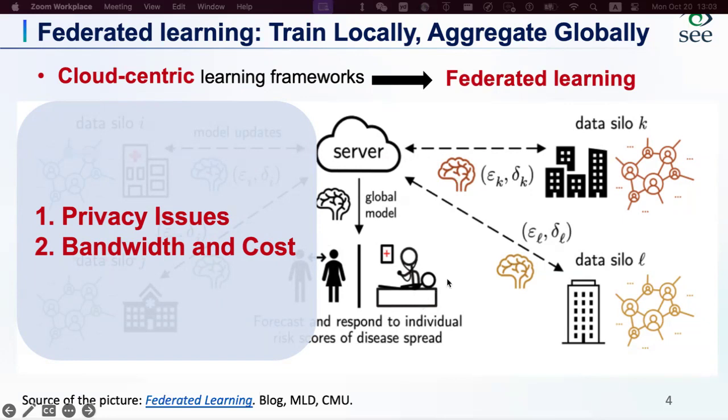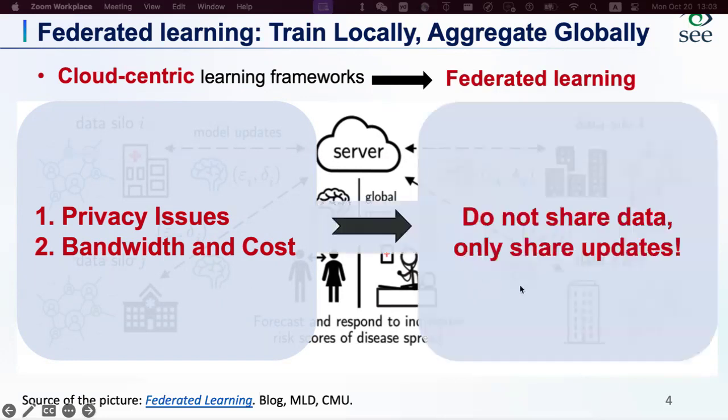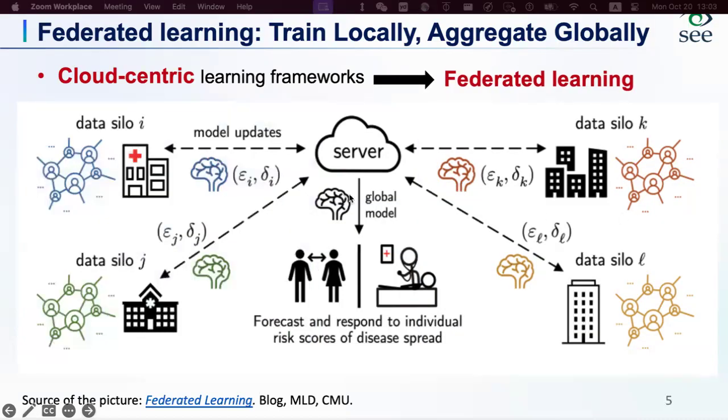So federated learning offers a new approach, since it doesn't share the data but only shares the parameters of the model. For example, as shown in the figure, each client first takes small steps of training with the local data, and then uploads the parameters to the server.